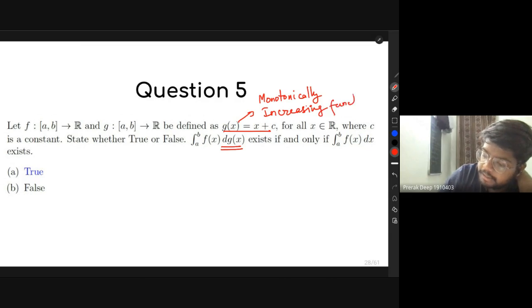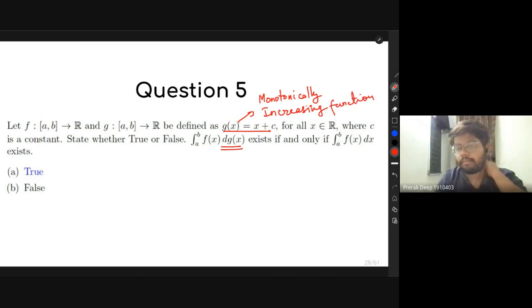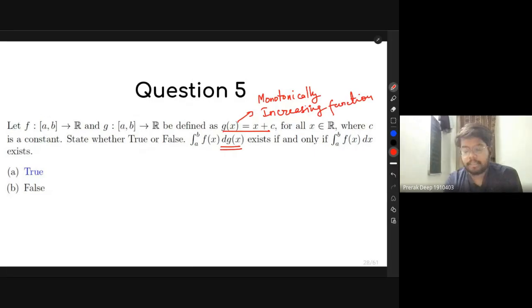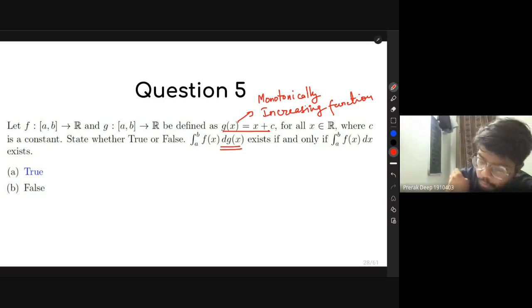So basically what I'm saying is g is a part of a more general class known as monotonically increasing functions, and we use this monotonically increasing function to change the domain of integration. And when we do that, then we get a new type of integration where the length of the domain is not the usual length.